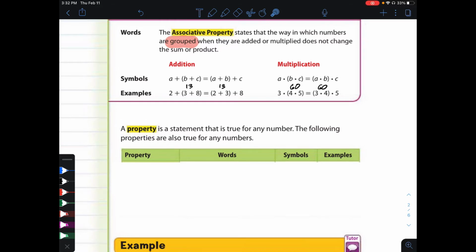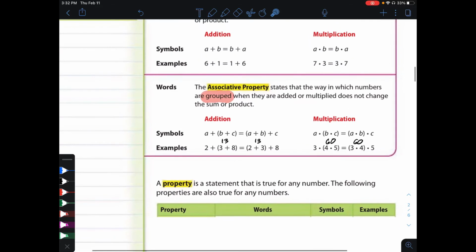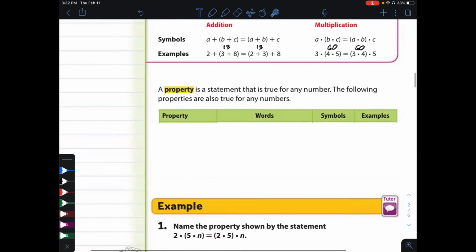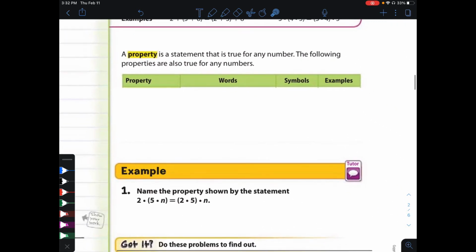So when you use the associative property, it will always be true for addition and multiplication. And if you use the commutative property, it will always be true for any number if you use addition or multiplication. Okay? So let's take a look at the rest of the other properties that we will be discussing here.